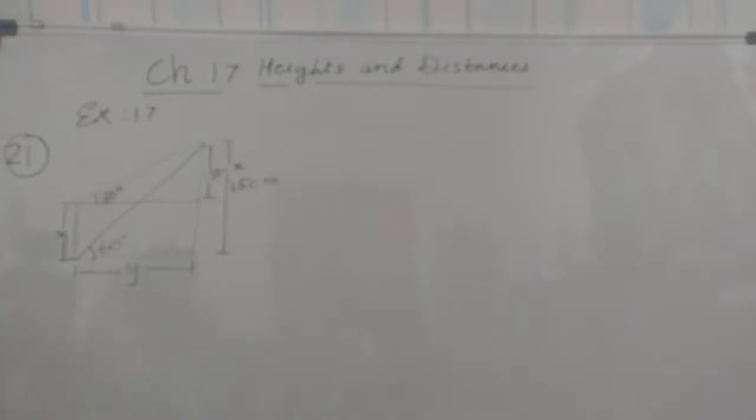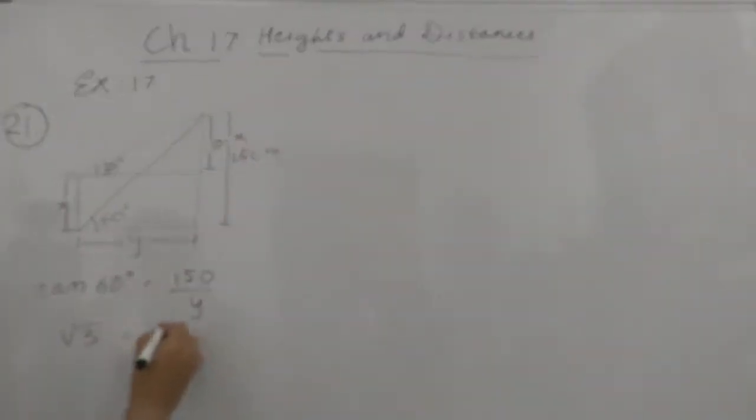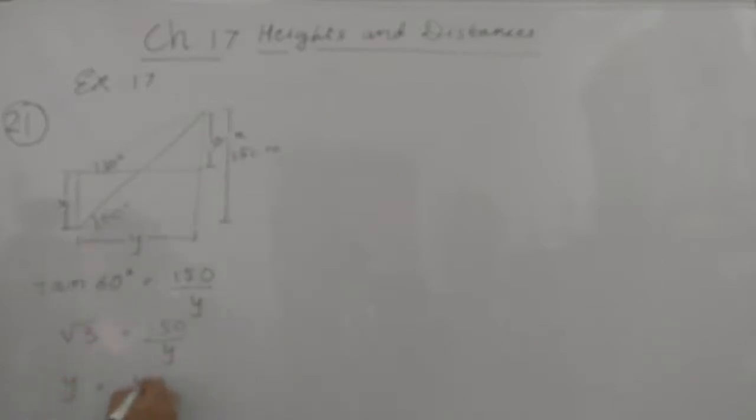There will be two angles of depression. Now let us start with this big triangle. So tan 60 degree is equal to the whole height 150 upon y. Now the tan 60 value is root 3. So I place the value here. Now 150 upon y, taking calculation, y is equal to 150 upon root 3.